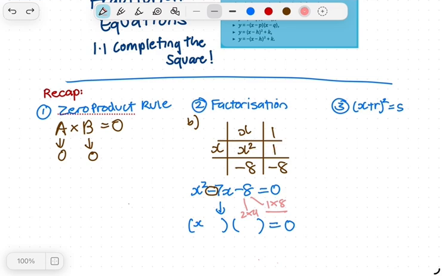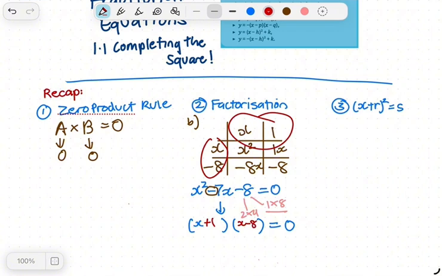So let's do that right now. x and x. You can either write x or 1x, up to you, but usually we'll write x. So this will give you 8. And ta-da! There are your terms. x plus 1, x minus 8.